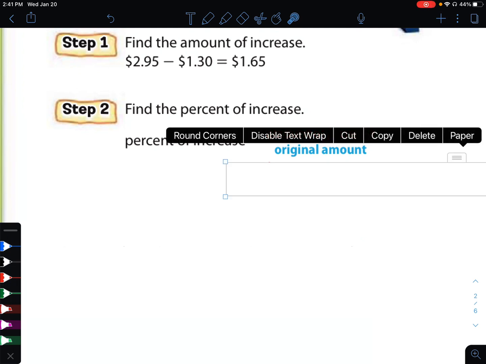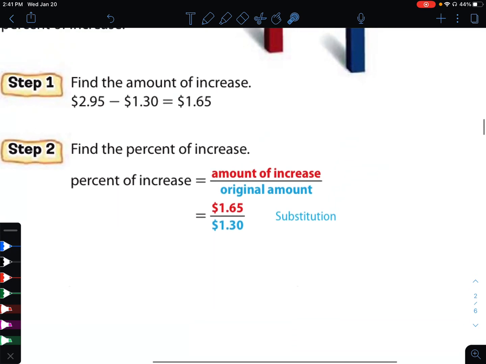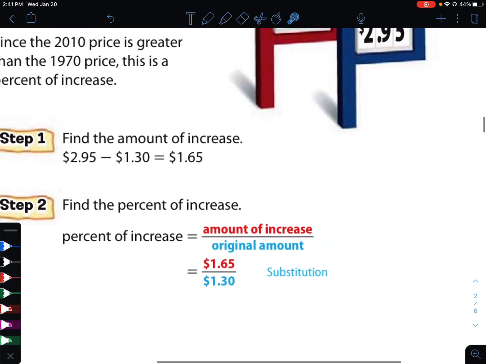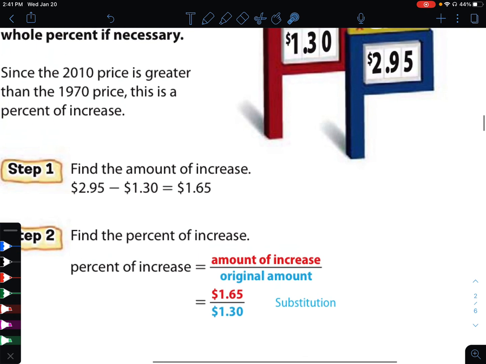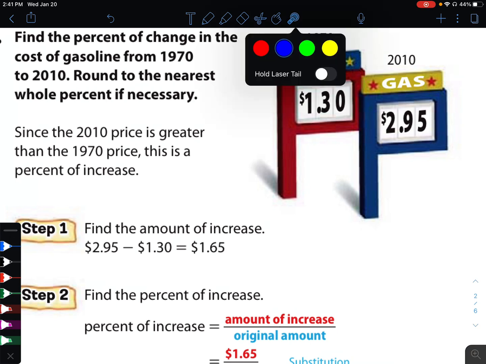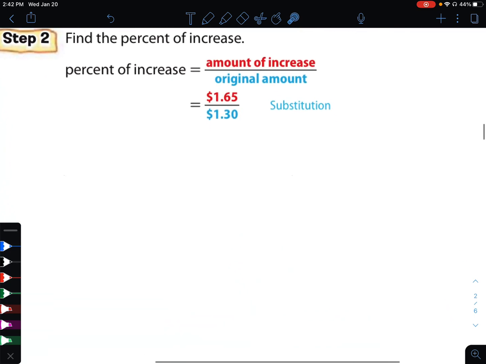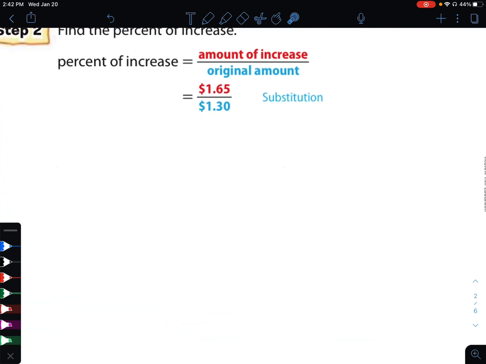The original amount is $1.30. Remember, original amount is where it originated from, so where it started from. So this is the original amount, $1.30. So we have $1.65 over $1.30.